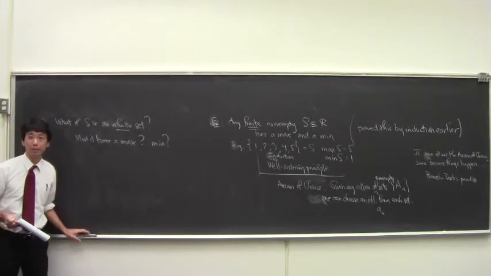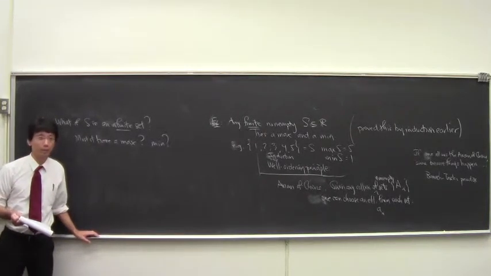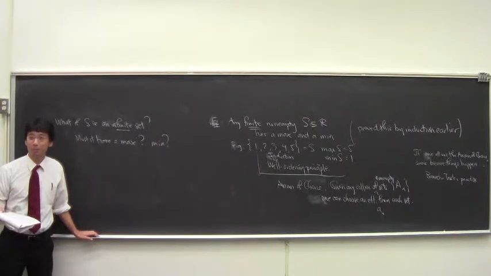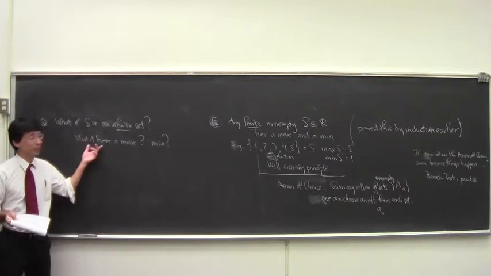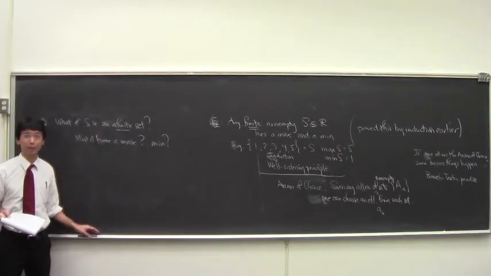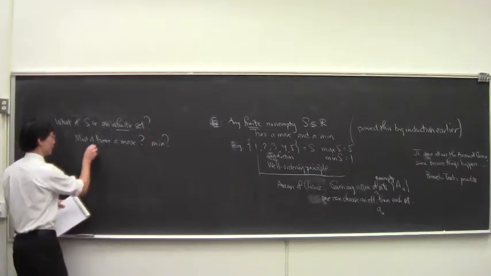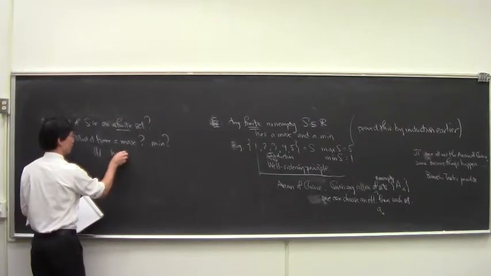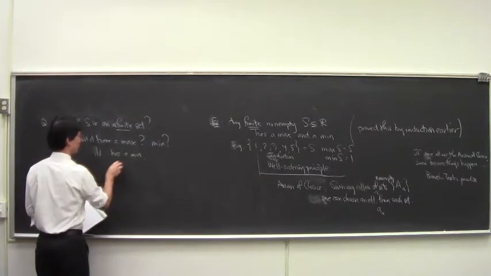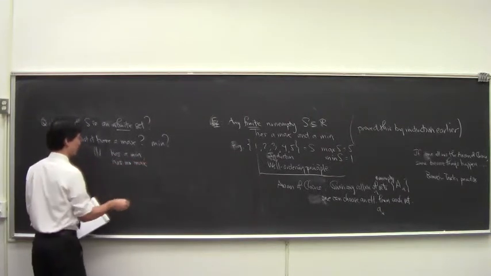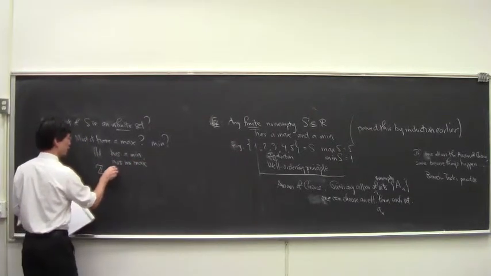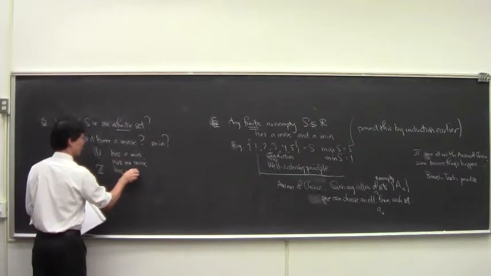Those of you who read the book, what's the answer? The answer is no. Give me an example of an infinite set without a max, without a min. N has a min but no max. Or Z has no min and no max.